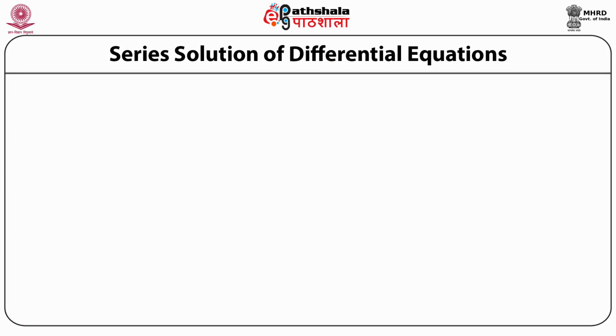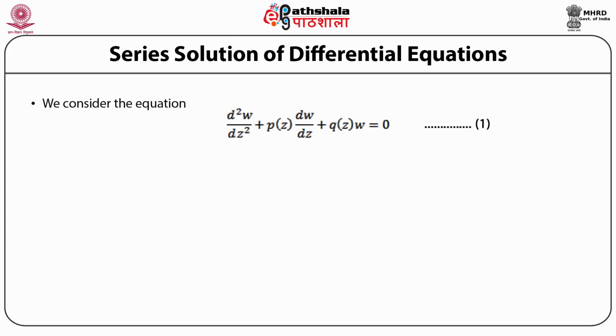Before we embark on finding a series solution of second-order linear equations, we first wish to see whether an analytic solution to the equation exists or not. So, we consider the equation d2w/dz2 + p(z) dw/dz + q(z) w = 0.